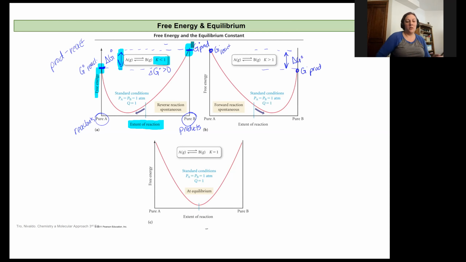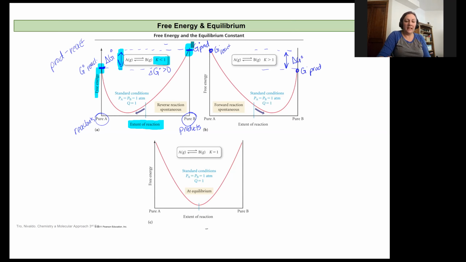And so that positive change in free energy corresponds to that K less than 1. So we see that the sign of our change in free energy is opposite that of our K, for less than 1 or more than 1, which isn't really negative or positive because 1's the 0 rather than 0.